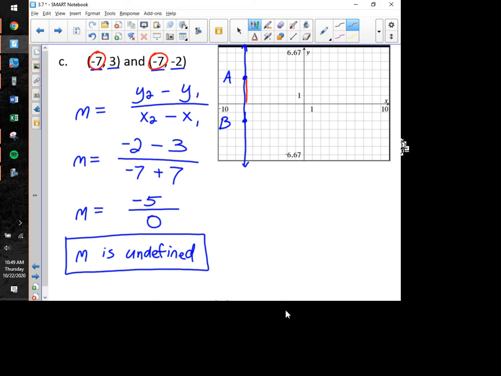To get from A to point B, we had a quote-unquote rise of -5, meaning you go down 5 units. But there was no run. You didn't move left or right at all to get from A to B. And when there's no run between your 2 points, your denominator is 0, your slope is undefined, and that guarantees that you're dealing with a vertical line.